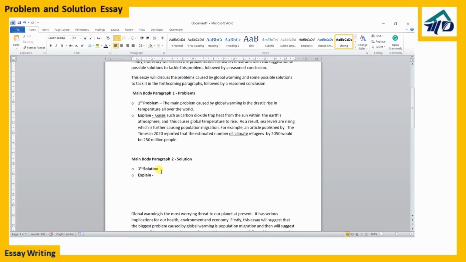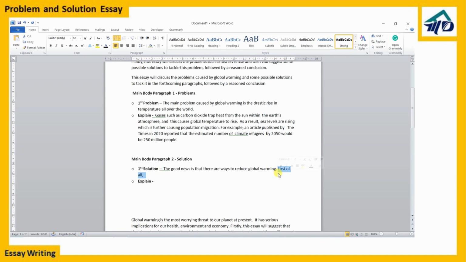I can write some journal statement also. My journal statement is going to be that we can reduce global warming. It is possible to reduce global warming. Or I can say the good news is that there are ways to reduce global warming. Now I can write my first one. First of all, or, well, I have used firstly.